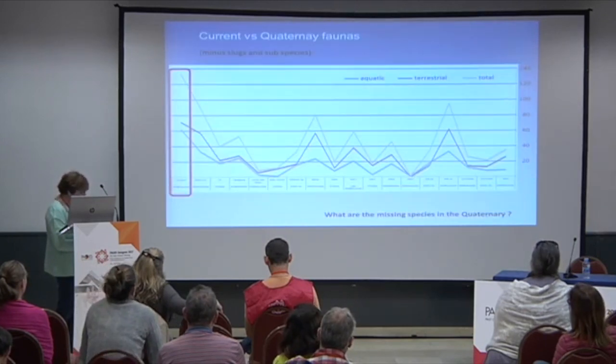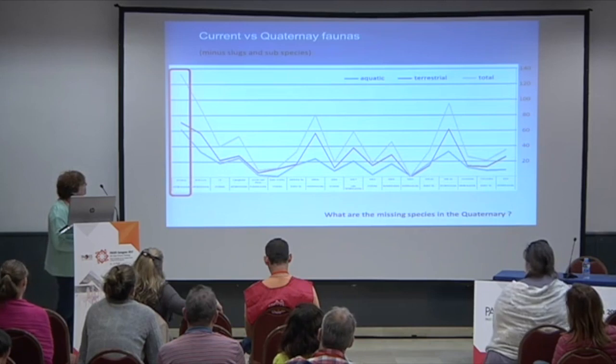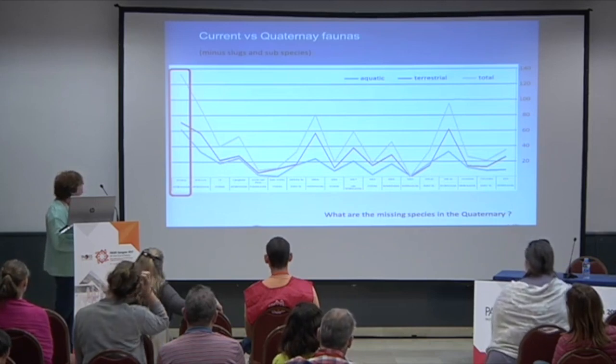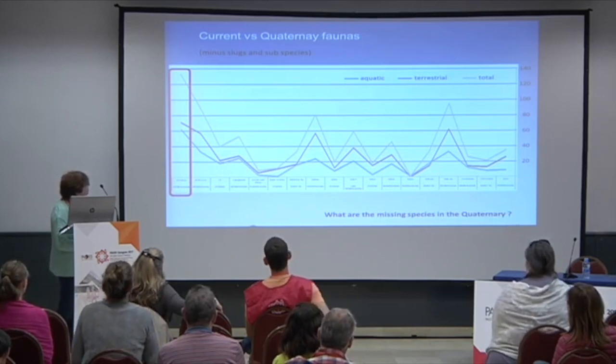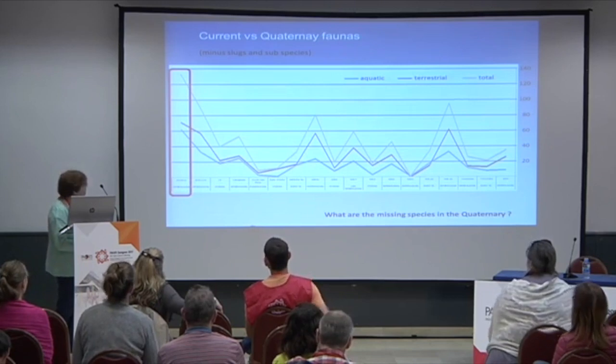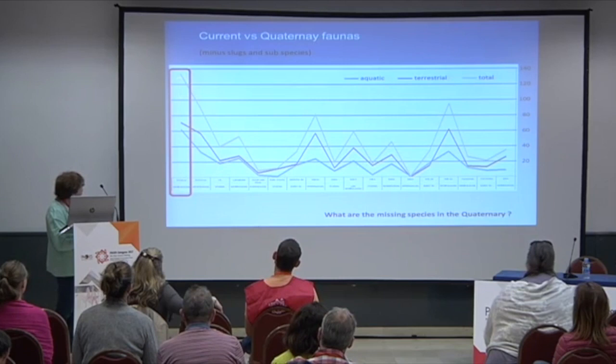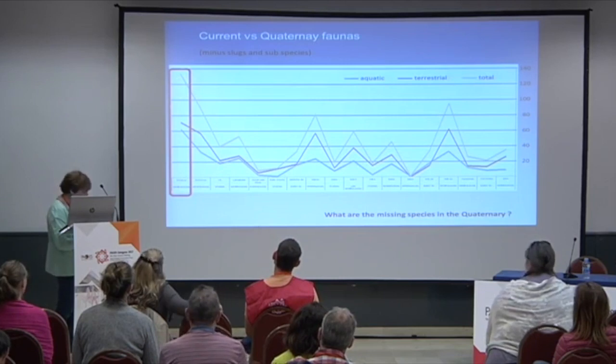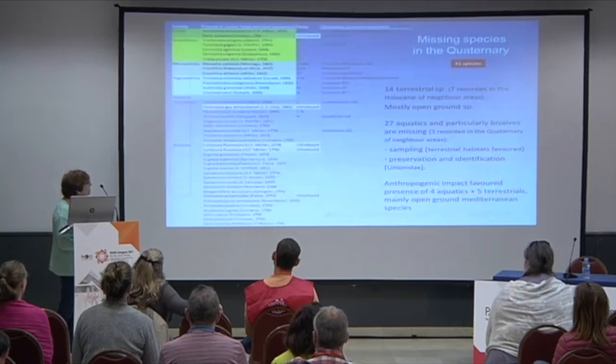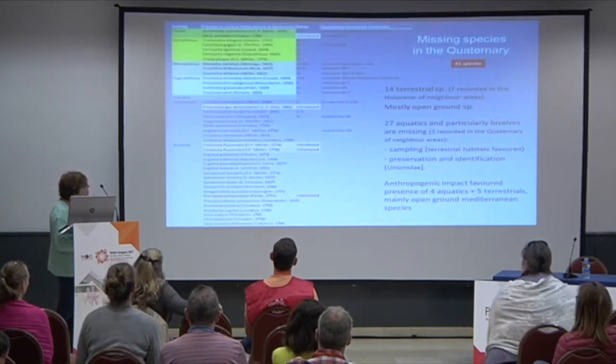Finally, the last comment is a comparison with the current fauna of the Somme Valley. This curve shows a much higher amount of species in the current fauna registered on the modern survey. So what are these missing species in the Quaternary?